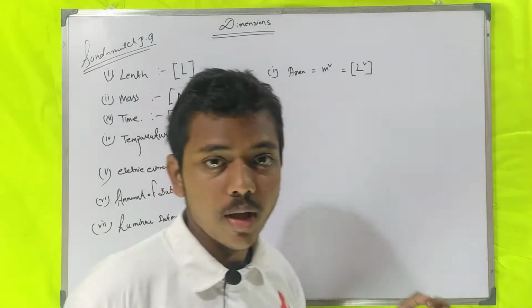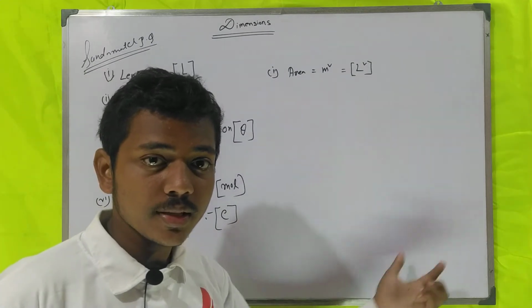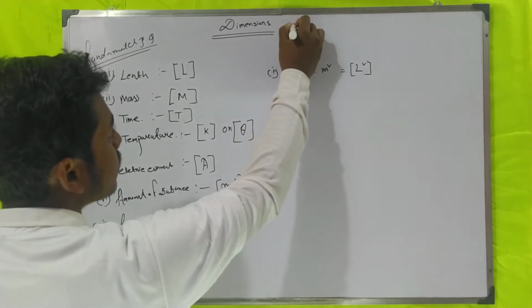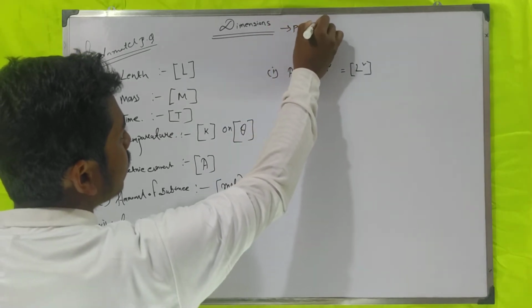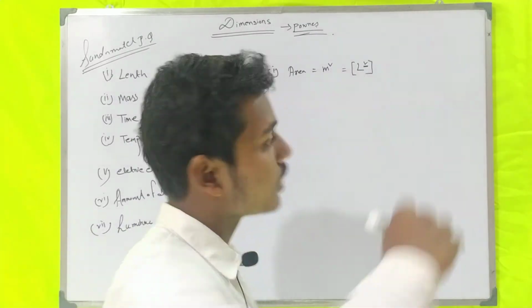So what is the dimension of area? The dimension of area is length to the power 2. Dimensions are the powers.